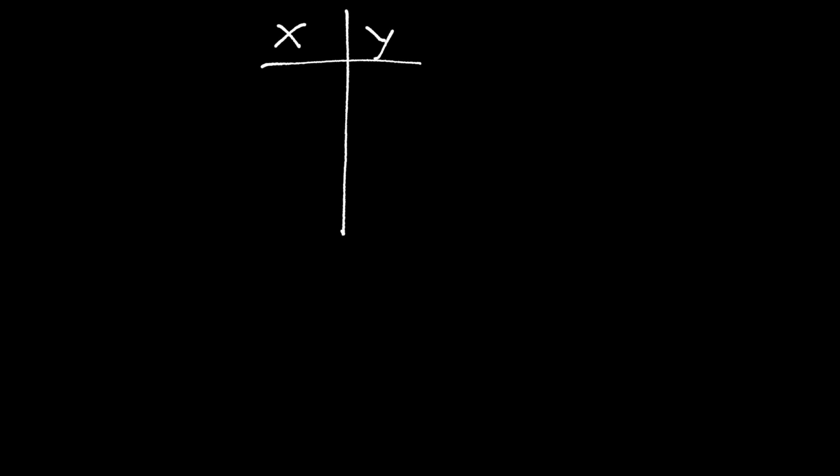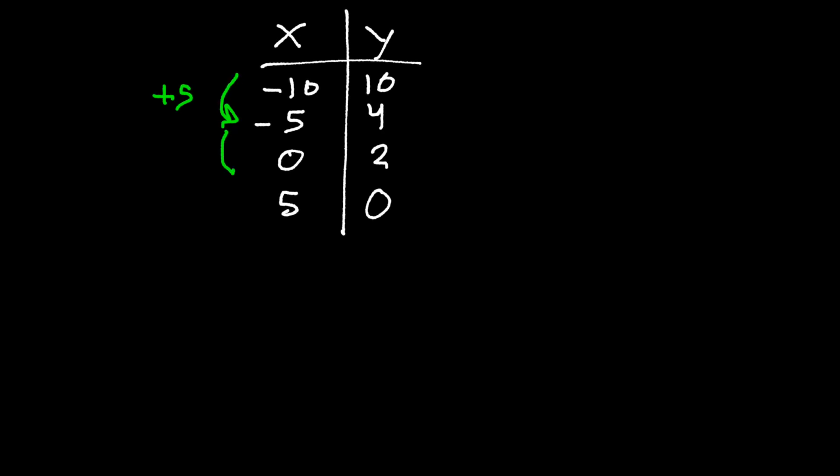Let's go with negative 10, 10, negative 5, 4, 0, 2, and then 5, 0. Alright, look at our x's. On our x's, we're going from negative 10 to negative 5, so we're adding 5. Negative 5 to 0, so we are adding 5. And 0 to 5, so we're adding 5 here.